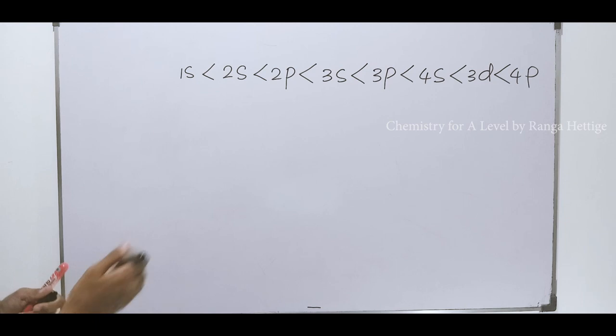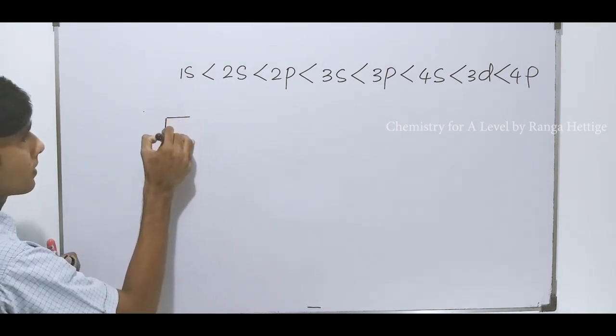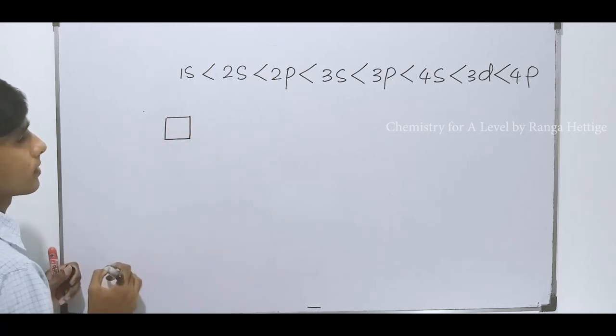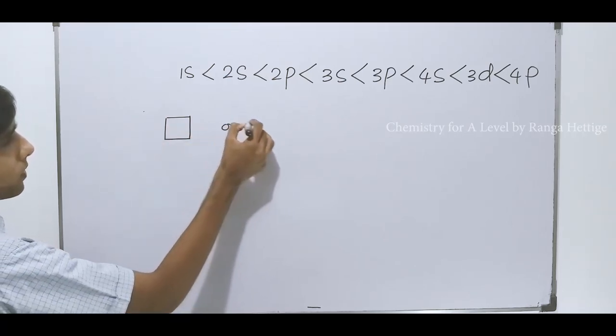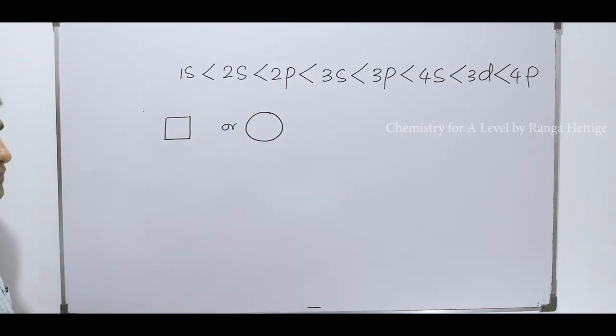But simply, we represent an orbital using a square like this, or even a circle, no problem. The second principle you must understand when you write electron configurations is Hund's rule.